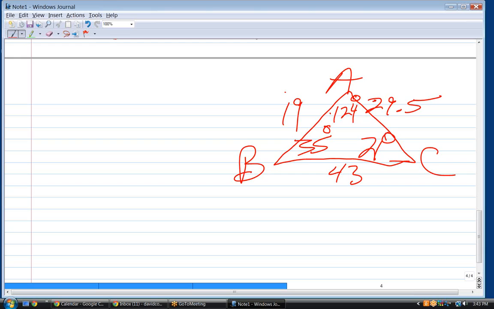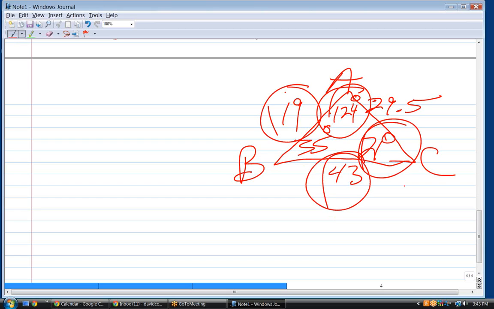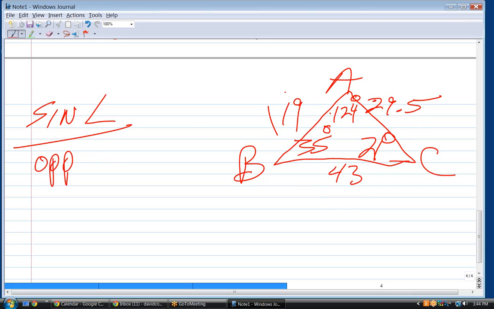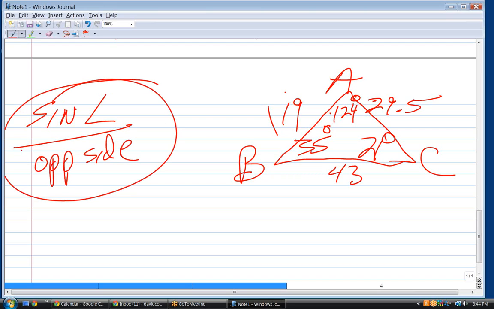And notice it's not a linear relationship. This 124 degree angle is about 3 times that, but this side of 19 is not 3 times 21. So it's not linear. You can't expect the same ratio. The ratio that's true is that the sine of an angle over its opposite side has to be the same in any triangle.